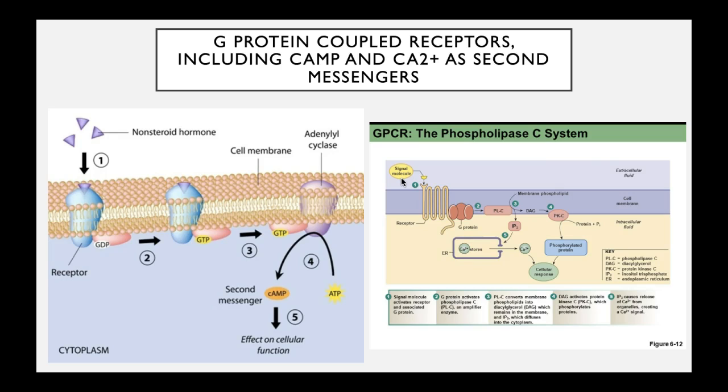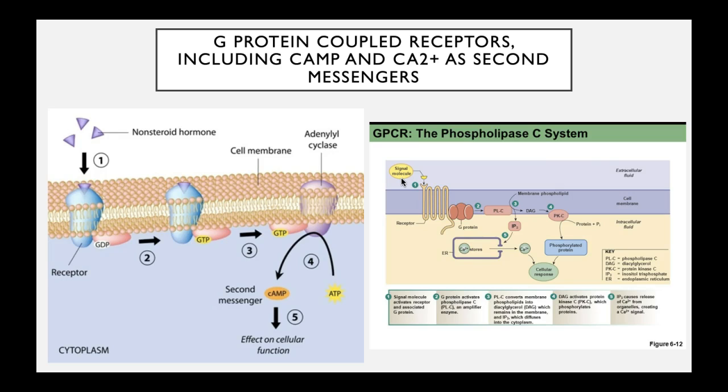So this IP3 will leave the membrane and travel to the cell's interior. But DAG is in the membrane, and it will activate protein kinase C, or PKC, which is seen in step number 4. This phosphorylation will occur on many target proteins, including these calcium channels that allow calcium to come into the cell.